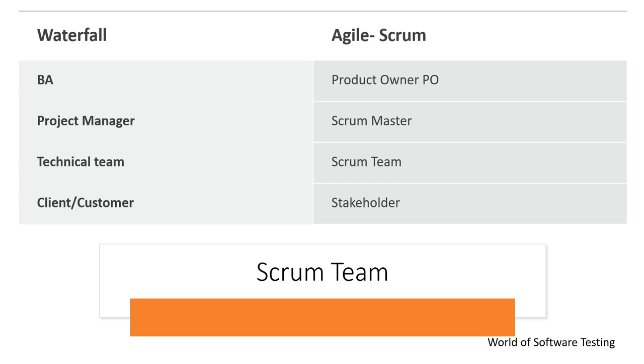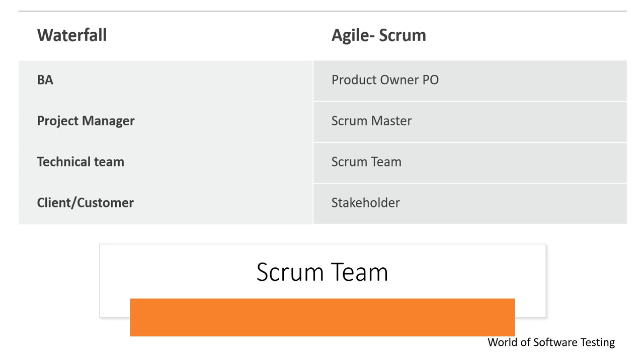So next is the Scrum team. So what is a Scrum team? Here there are some different names in the case of Agile Scrum methodology. In the case of waterfall, we used to call the BA, that is a business analyst, who was acting as a face to the organization and gets the inputs from the clients.